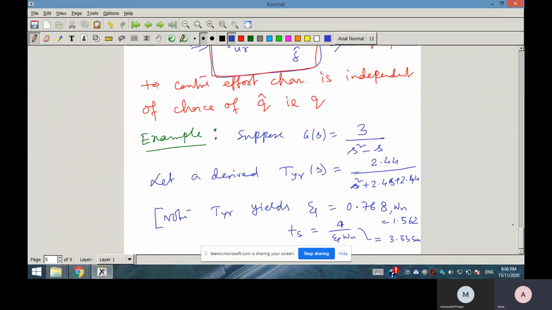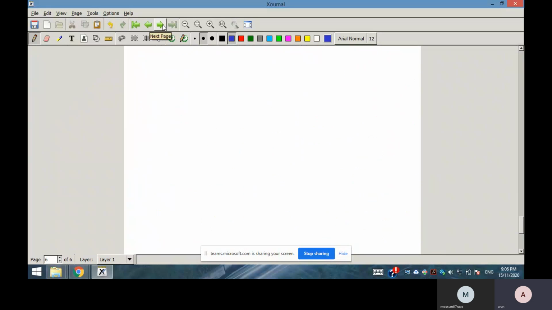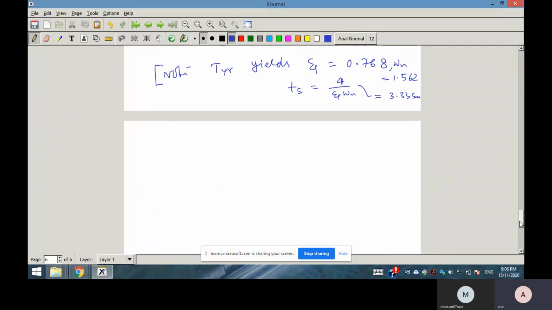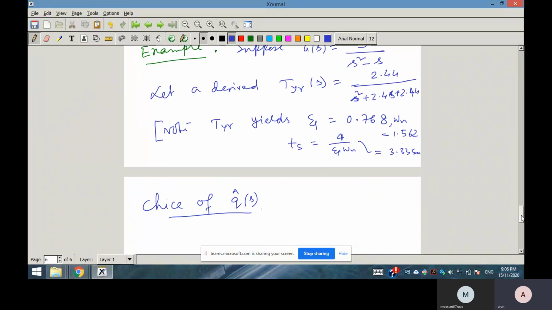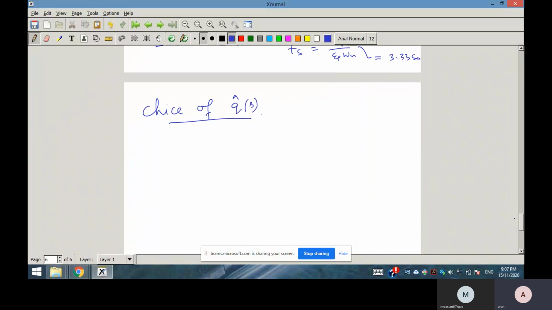So this is your T(S), and now the choice of Q hat(S). There are three cases I will choose, and then we'll see the performance of the system.